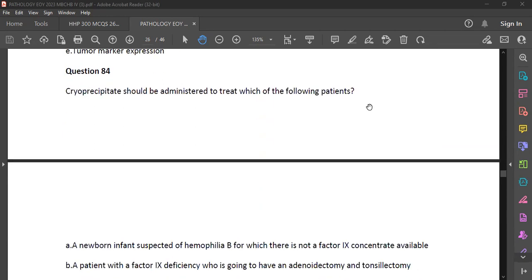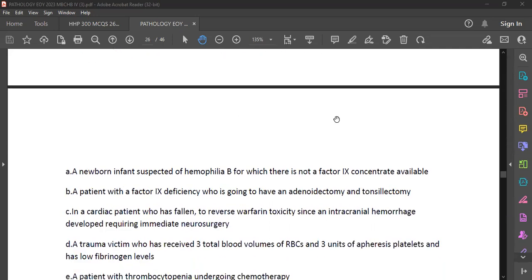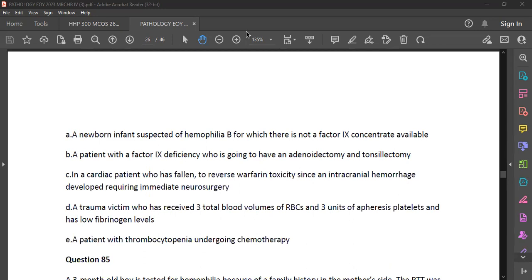All right, so cryoprecipitate should be administered to treat which of the following patients? All right, so importantly is for you to identify what are the components of cryoprecipitate. Cryoprecipitate contains certain factors.